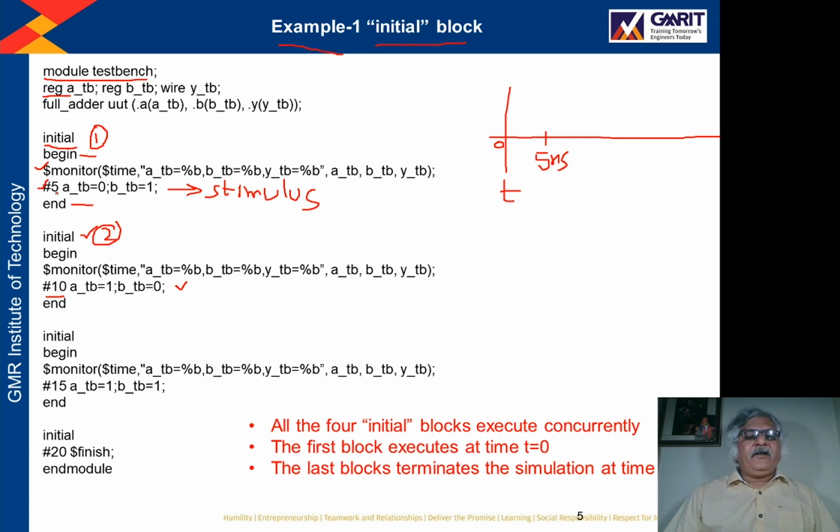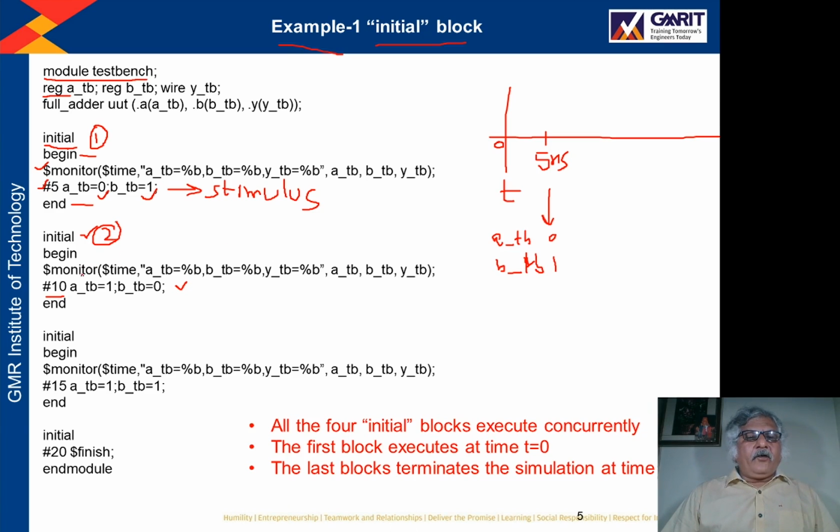So hash 5 indicates that at time 5 microsecond after the start of the simulation, we assign a_tv value 0 and b_tv value 1.